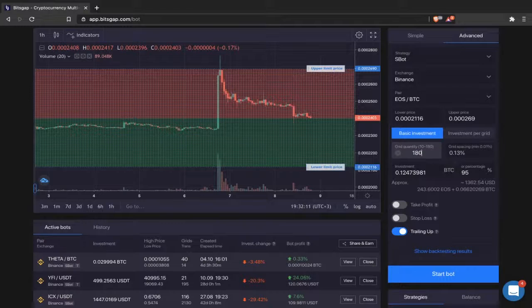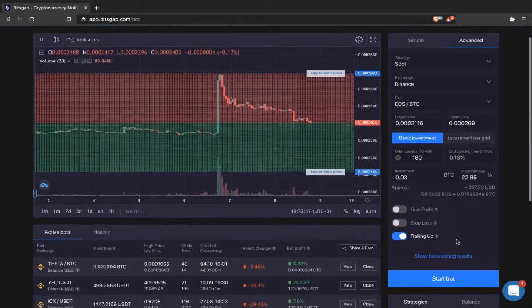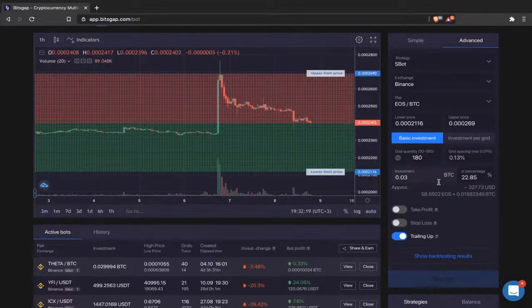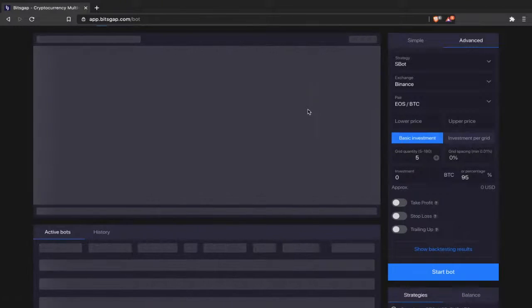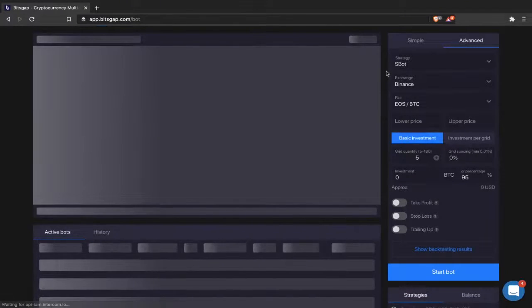Let's maybe switch to, let's say if I want to reduce the value. I guess it's lagging a bit. Let's actually refresh the page, because it seems like it is making some miscalculations.